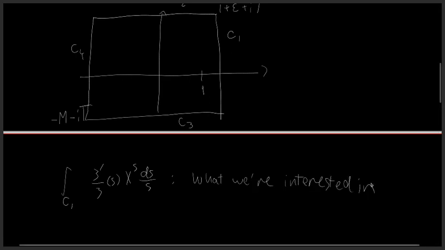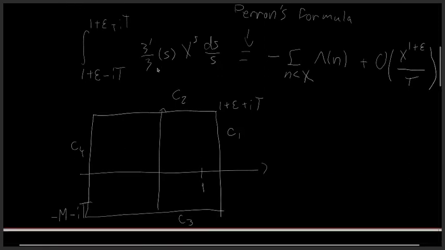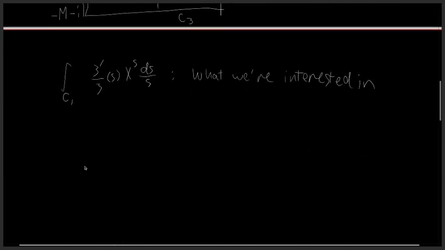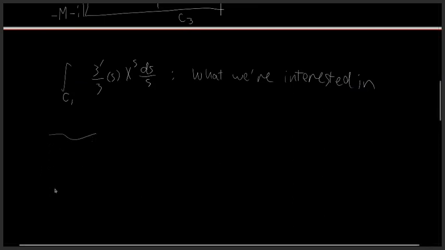When I say it's what we're interested in, I mean it is the quantity that appears on the left-hand side of Perron's formula. So we're just going to leave it as is. We're really looking to bound the integral along C2, C3, and C4. As before, the integrals along C2 and C3, the top and bottom segments, are going to be quite similar.